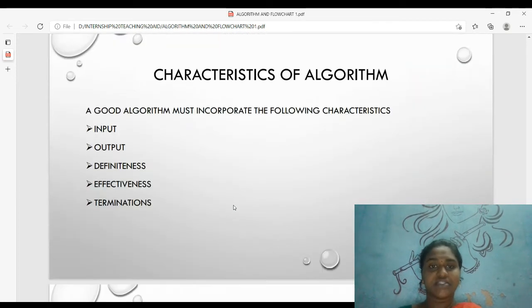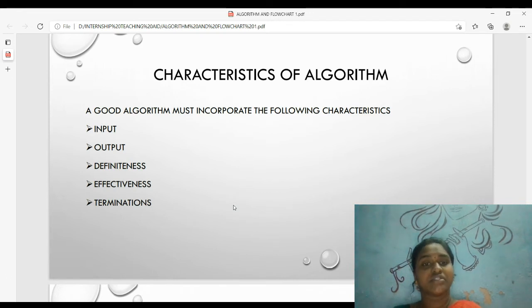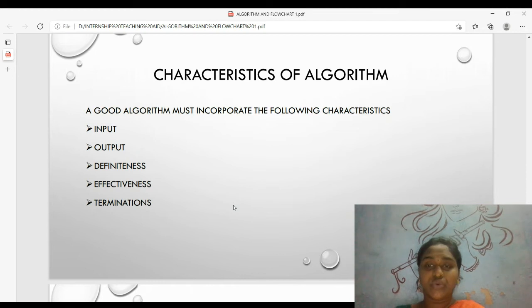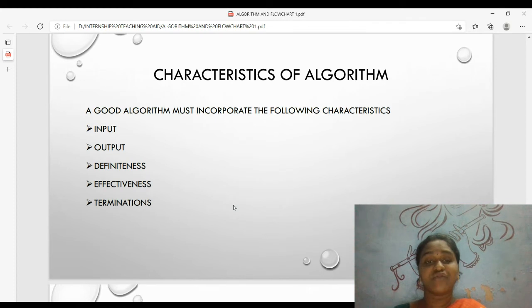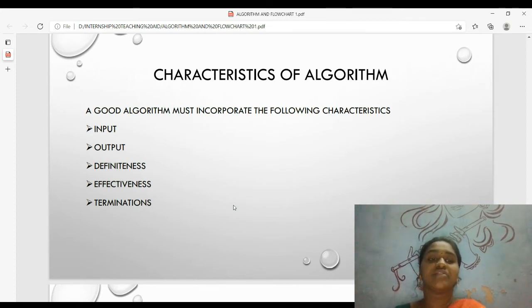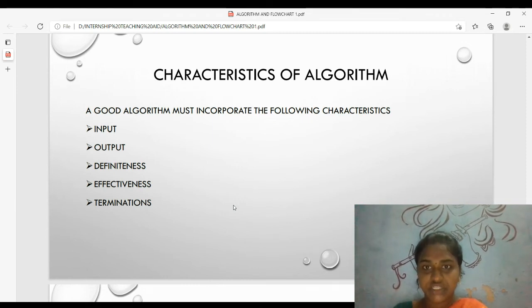The next topic is characteristics of an algorithm. A good algorithm must incorporate the following characteristics. For doing a particular process to get a perfect end, first we have to analyze what we are going to do, and then follow some steps to get a perfect result, a perfect output.